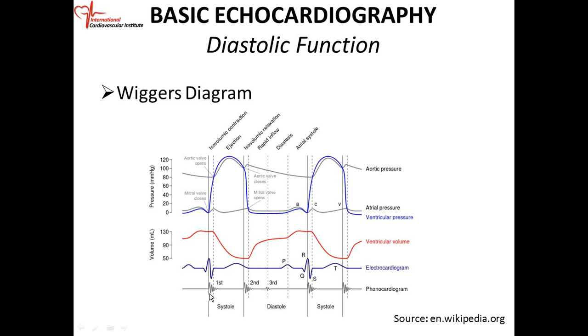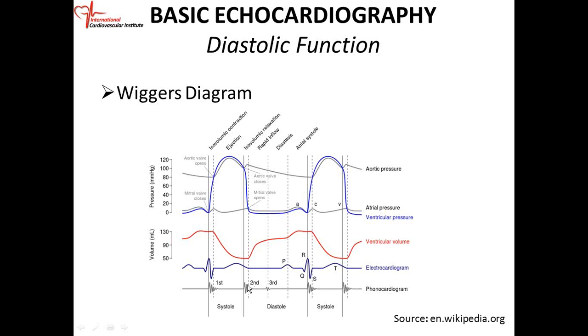Okay, so S1 is the closure of the mitral and the tricuspid valve. S2 is the closure of the aortic and the pulmonic valve. So the period between S1 and S2 is systole, because the cycle between the mitral valve closing and the aortic valve closing is systole.